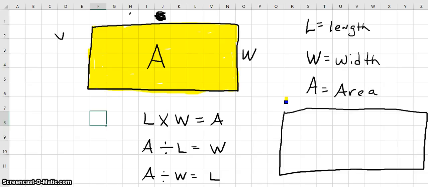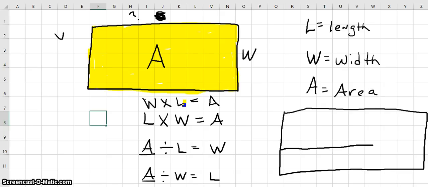It's the unknown, and we have to do area divided by width equals length. So we can interchange them. Notice always the area is first when we're using division. It doesn't matter what order we put it in when we're multiplying, but when we're doing division, our area is always first.